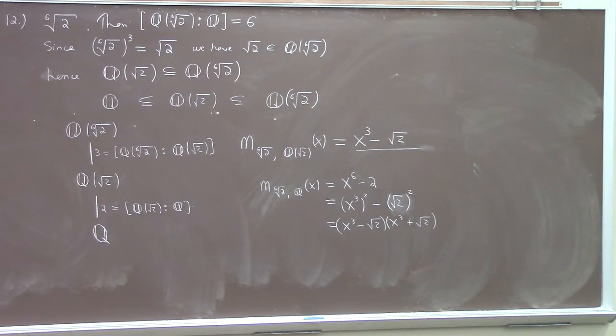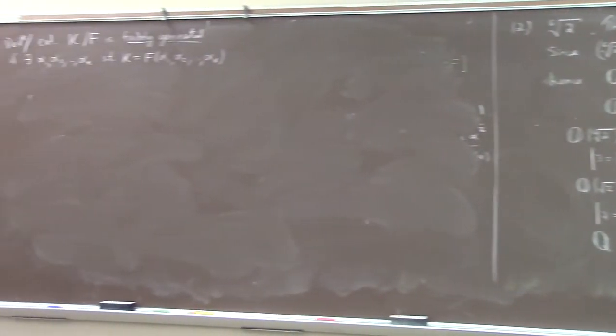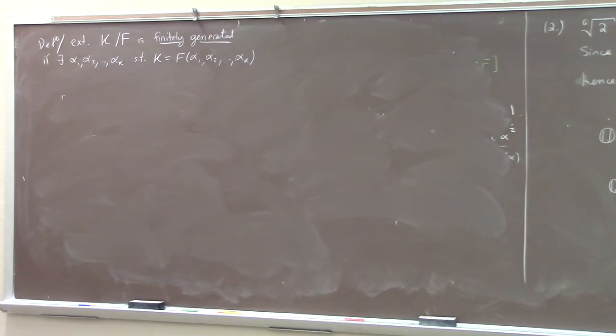In that notation, F(alpha 1, ..., alpha k) is the smallest field which contains the base field F as well as the extension elements alpha 1 through alpha k.